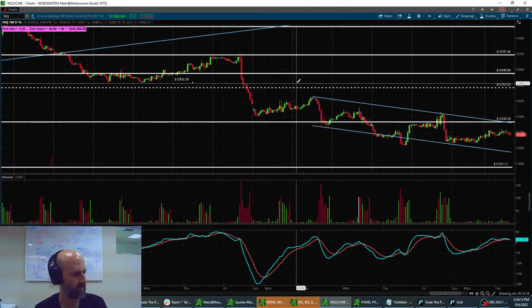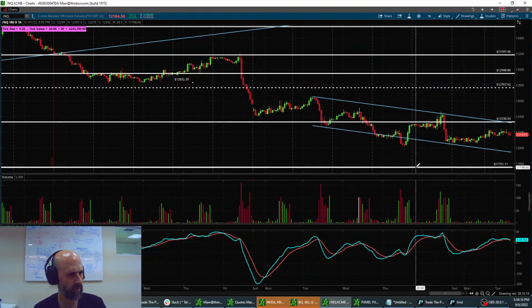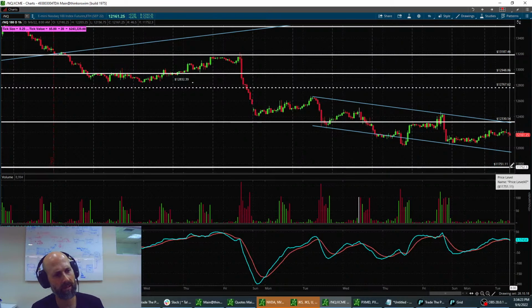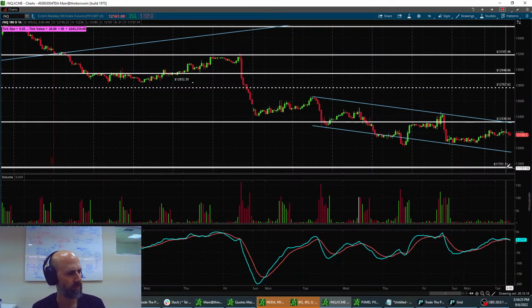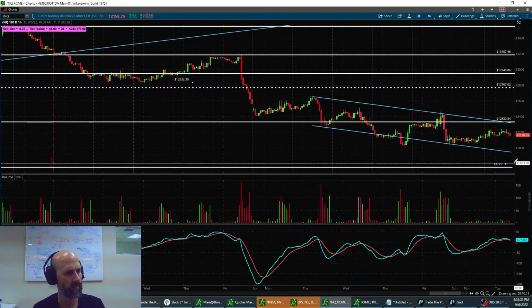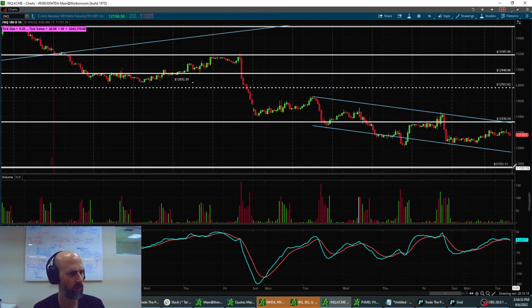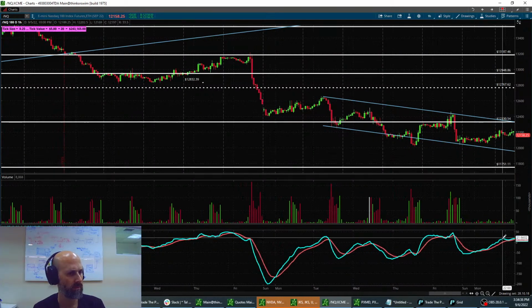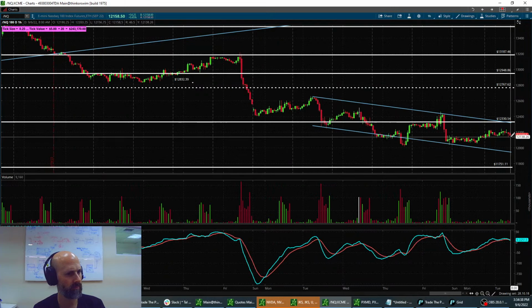But since I'm doing some swing trading as well, you can see that I also have a major level here at 11,750. If we test it, that could be a nice potential move to the upside after we see that it's holding. So at the moment, it's looking pretty good to the downside.